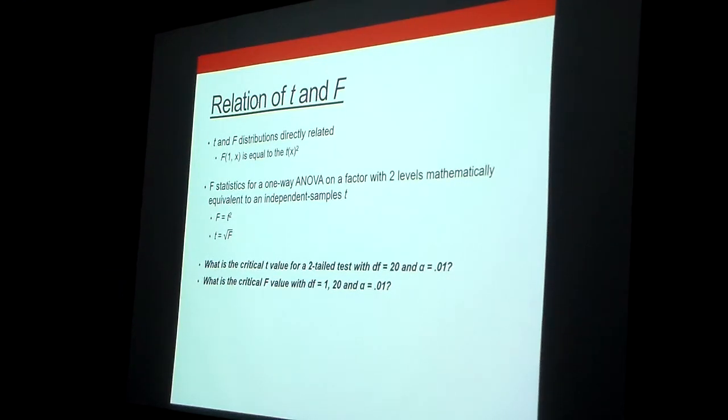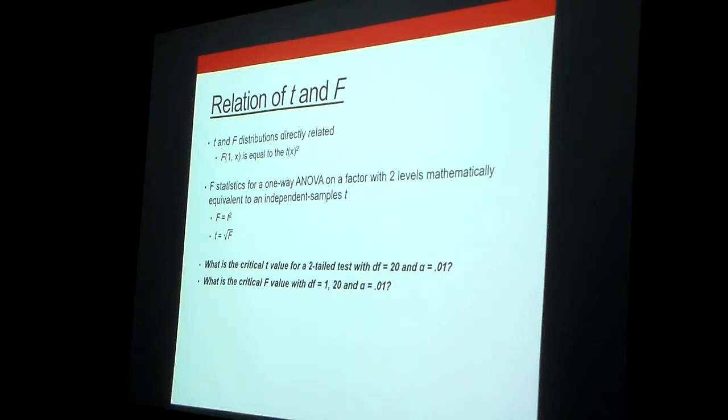So that's T with 20 degrees of freedom? Yeah. Okay. All right. What then is the critical value of F for degrees of freedom 1 and 20 at alpha 0.01? 8.10. F1 and 20. What is it, Morgan? 8.10. Okay. All right.